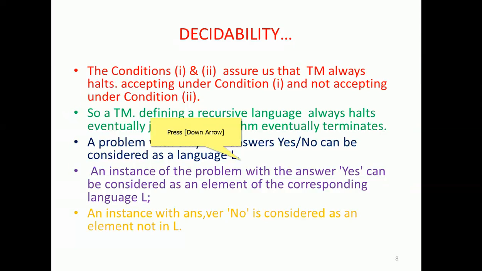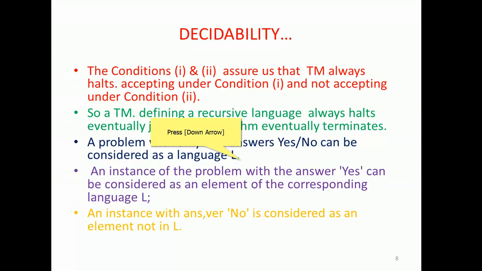Those instances provide decidability with two answers, yes or no, and this plays a very important role. Yes means the given string W belongs to L. No means it does not belong to L, in other words it is not accepted by the language L. So yes and no simply say whether the string W is present or not.